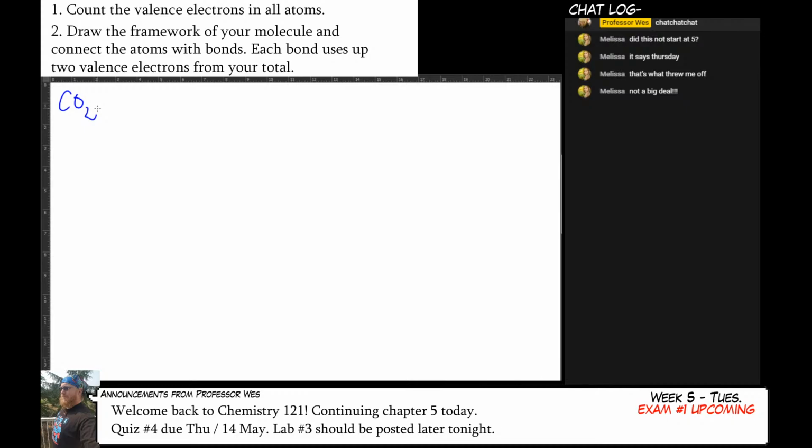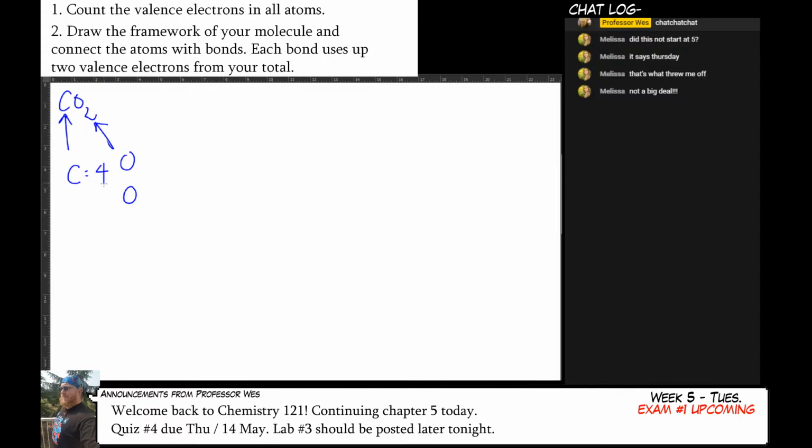So step 1, count the valence electrons in all atoms. So I have a C, and then I have 2 O's. How many valence electrons is carbon contributing to the molecule? Well, look at the periodic table. Count the number of valence electrons that carbon has, and put that in your tally.